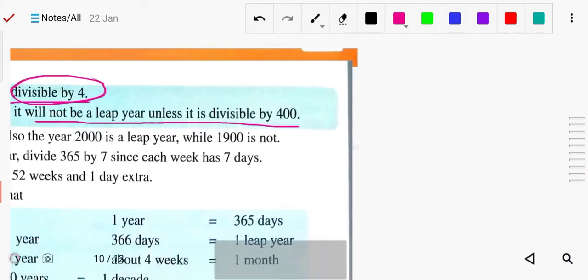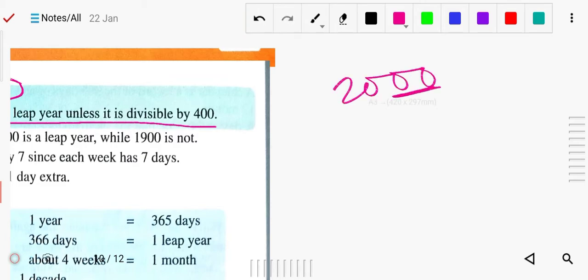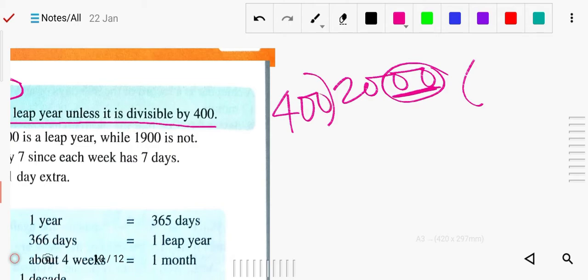It means, suppose any year, for example 2000. Here you can see there is the 20, meaning it ends with 100, so this year you have to divide by 400, not only by 4.